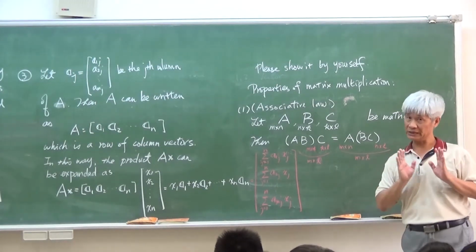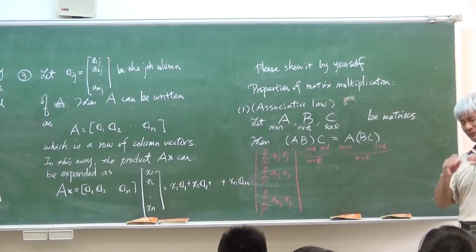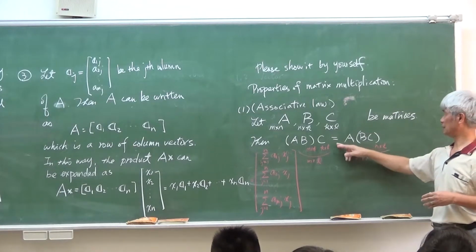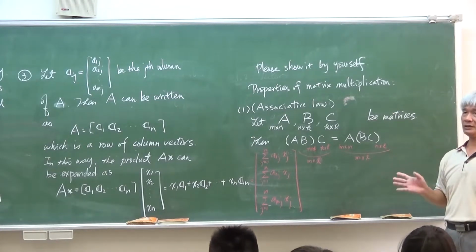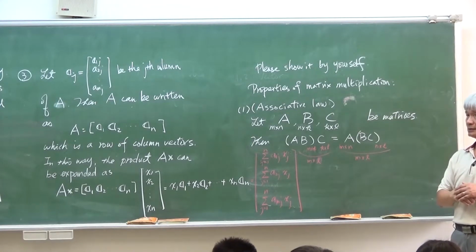It is very easy to check. If you want to know whether an identity is true or not, you can first check the dimension. If the dimension is not consistent, then of course it's false. So that is the necessary condition.